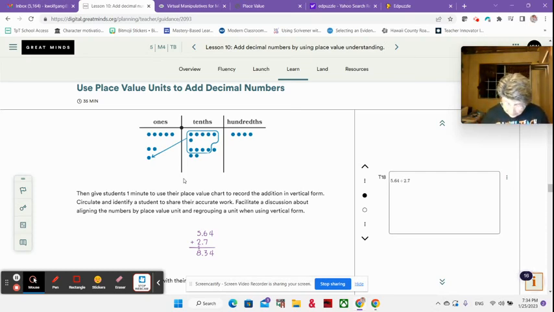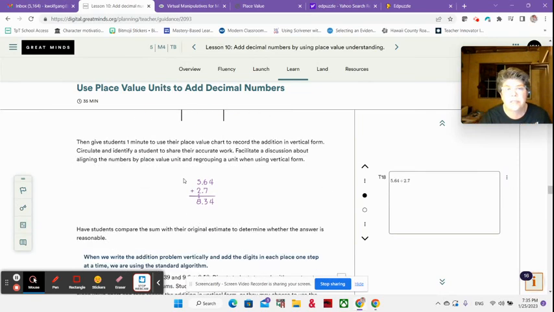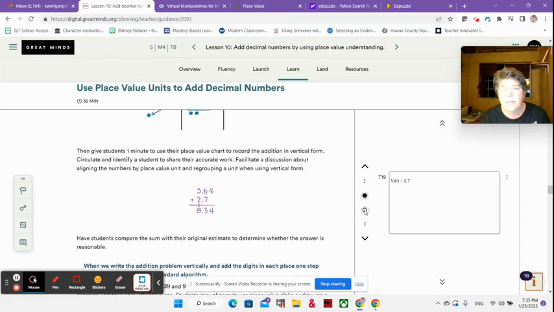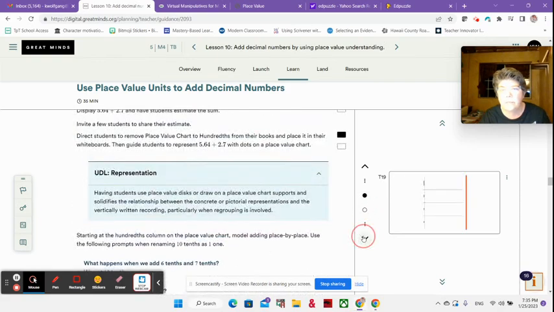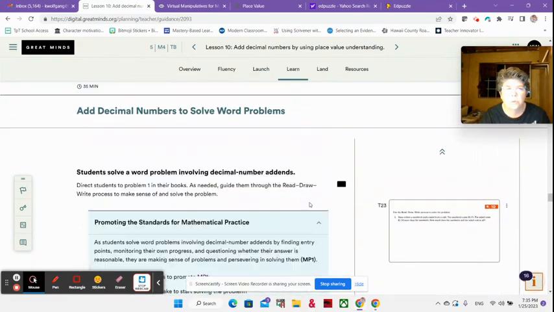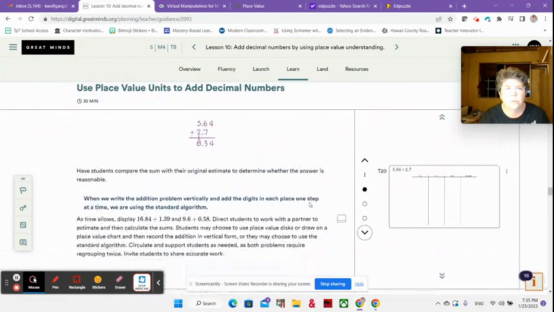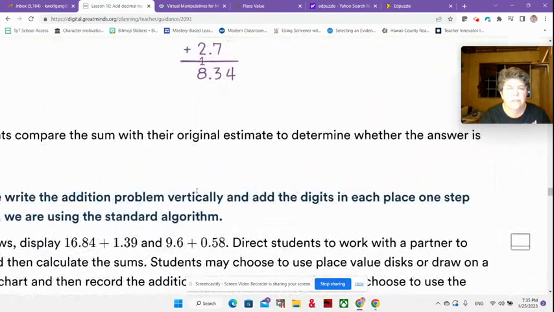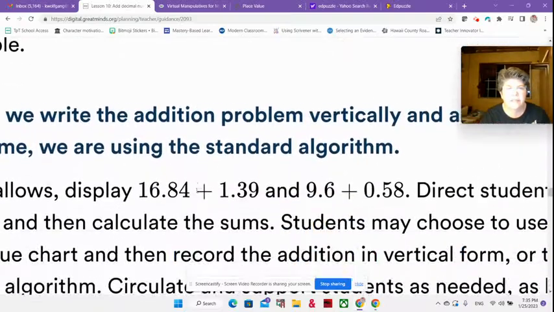Okay, I have one more for you to do, and you're going to put the answer to this in your Edpuzzle. Let me find it for you. Here it is. I guess that's the only place that I have it.